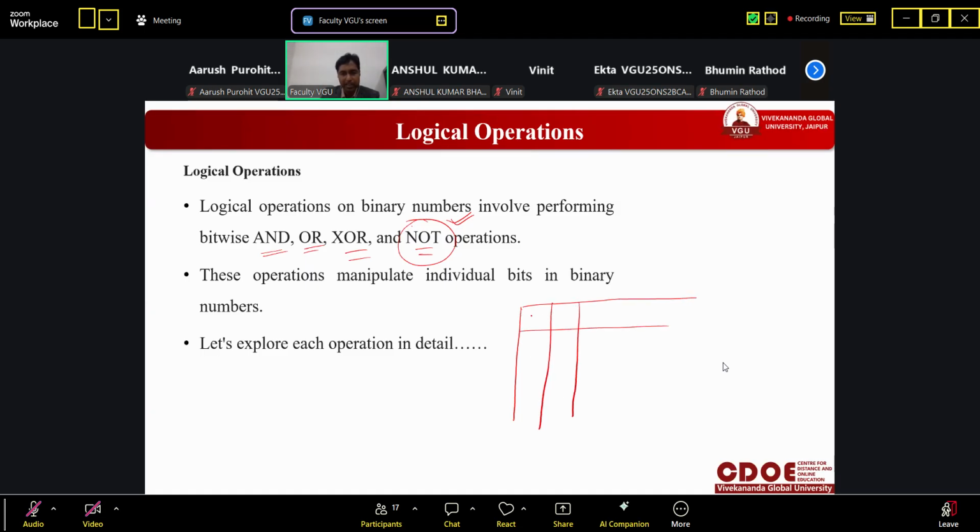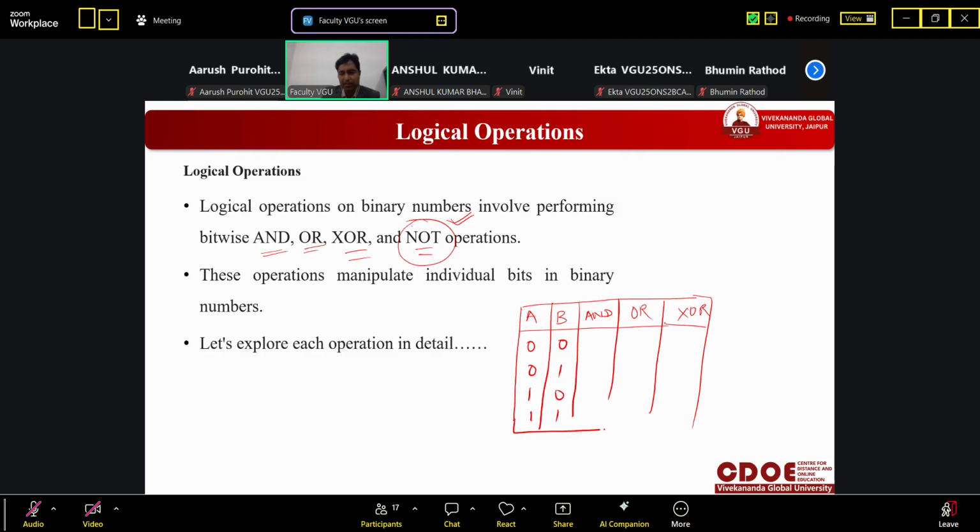So we can say A and B are the inputs, and this is the output of the AND gate, this is the output of the OR gate, this is the output of the XOR gate. Means we will save our energy. Energy means we will write these inputs only once. So 0 0, 0 1, 1 0, and 1 1.